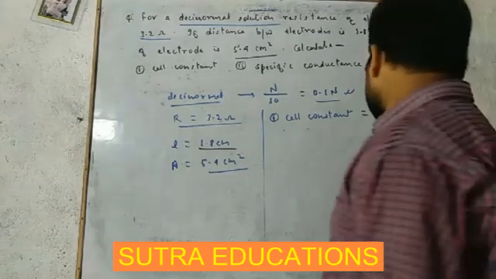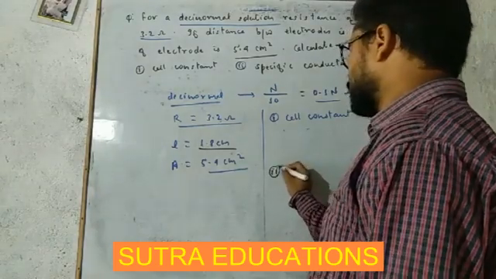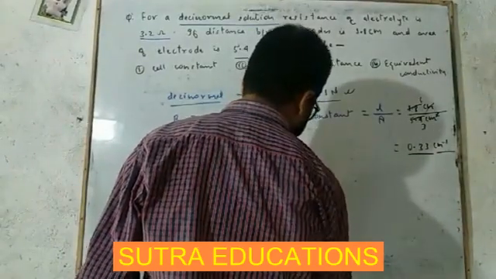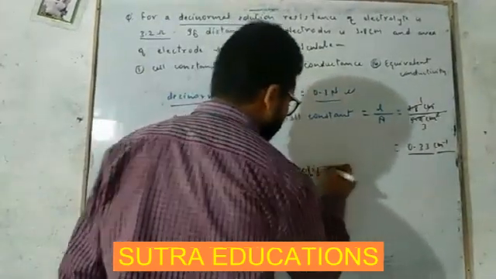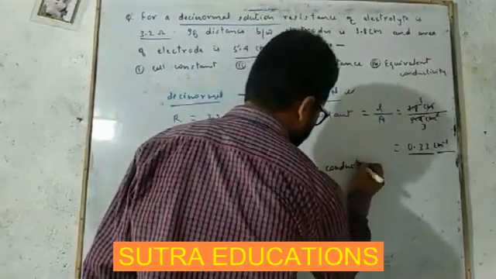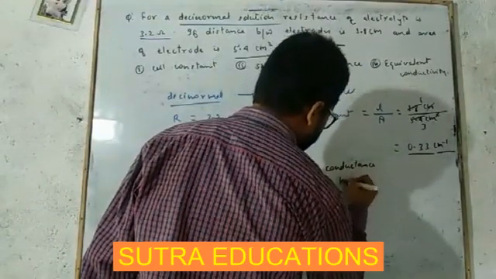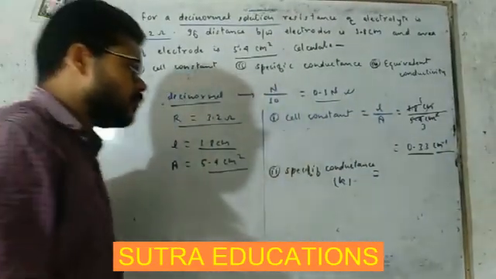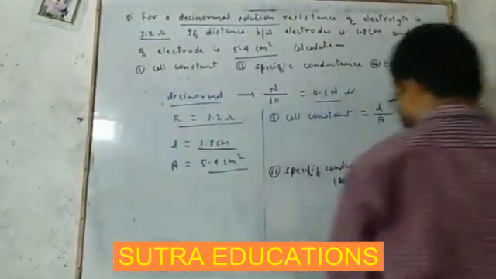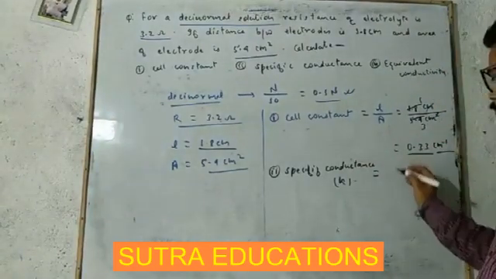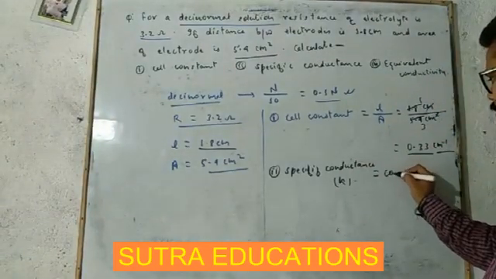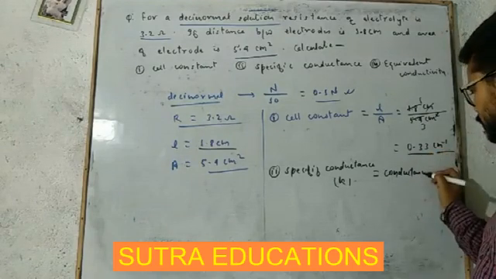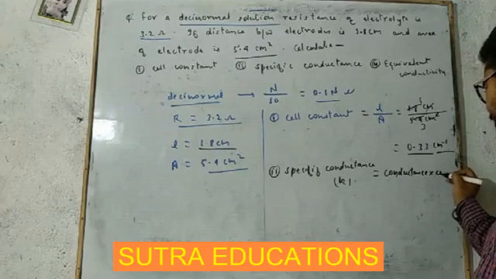Second part is specific conductance kappa. What is kappa? Kappa is 1 by R, means conductance into cell constant.